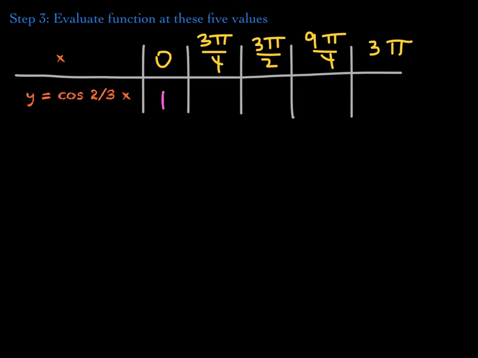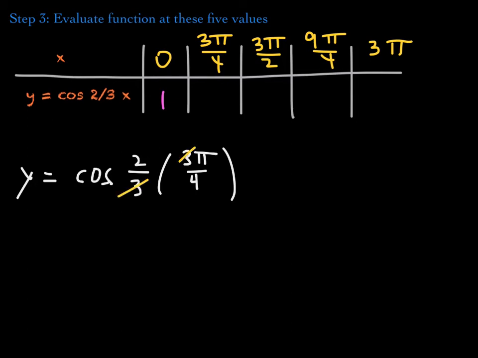I'm going to show my work for the next ones, though, just to make sure that we're all on the same page. I'm going to let x be 3 pi over 4 now. Let me see if I can show this here. 3 pi over 4. There. So notice that with some fraction work here, the 3's cancel, and this ends up being cosine of pi over 2.